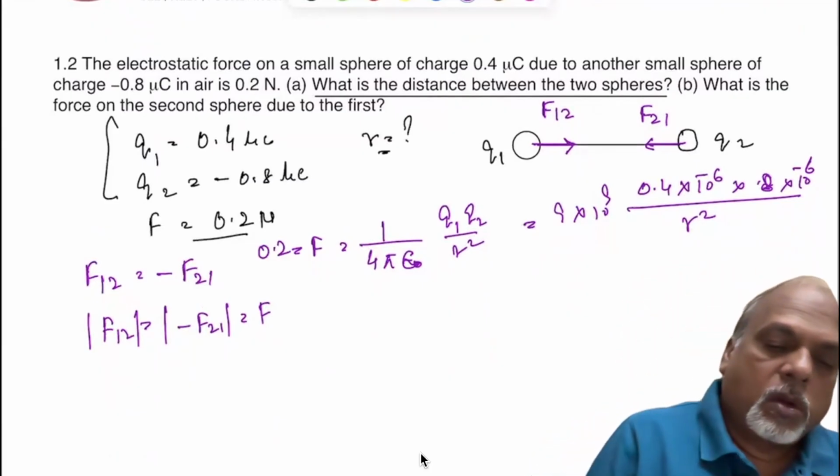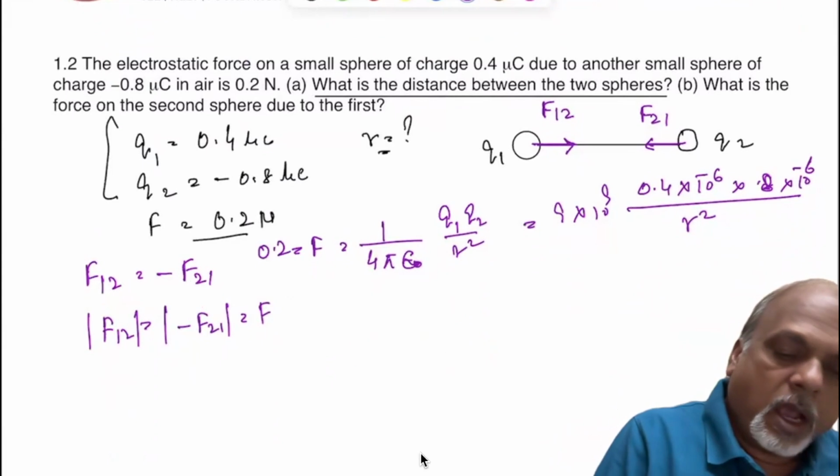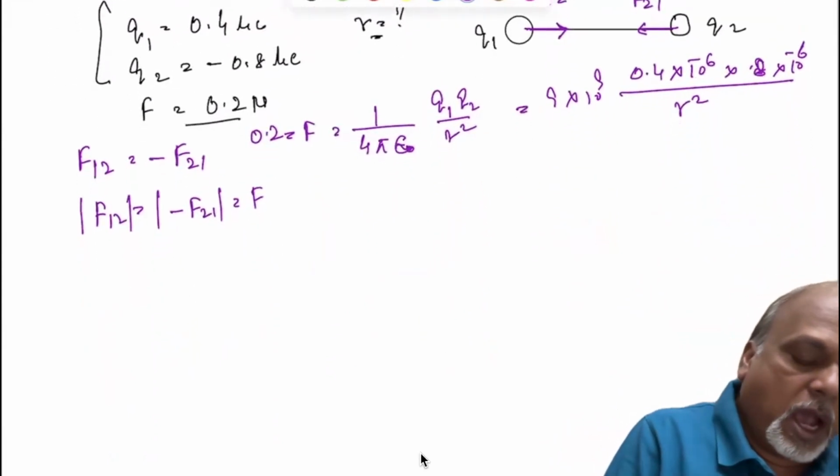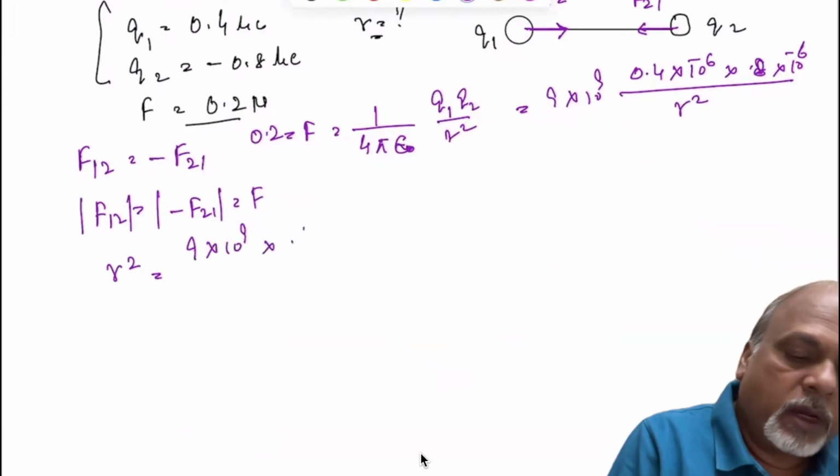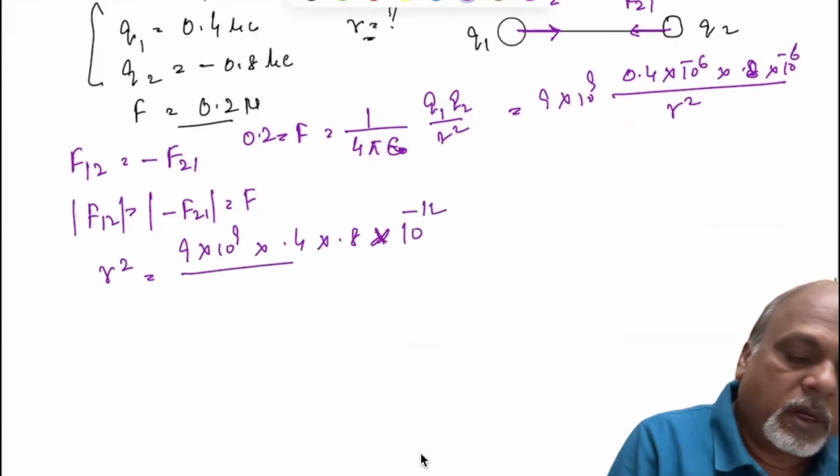So here, R square is nothing but 9 into 10 raised to 9 into 0.4 into 0.8 into 10 raised to minus 12 divided by 0.2.